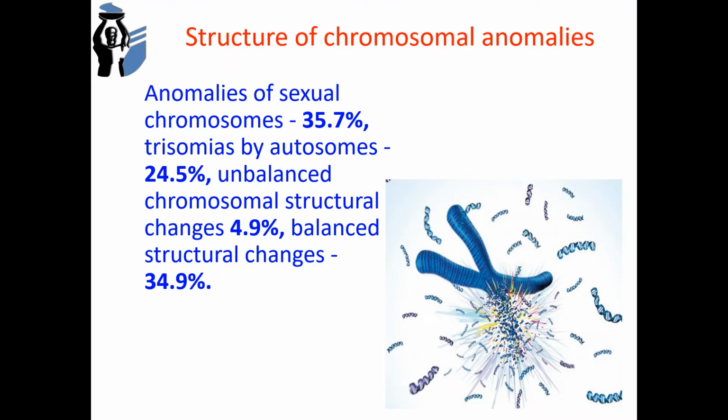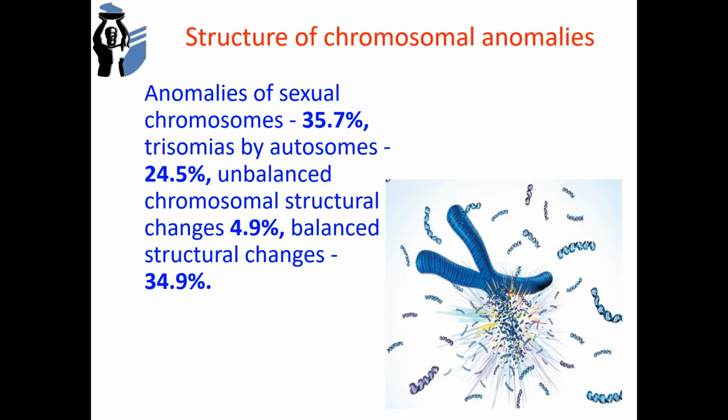The structure of chromosomal anomalies: anomalies of sexual chromosomes, 35.7%; trisomies by autosomes, 24.5%; unbalanced chromosomal structural change, 4.9%; and balanced structural change, 34.9%.